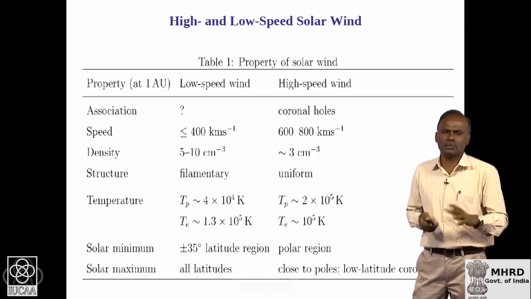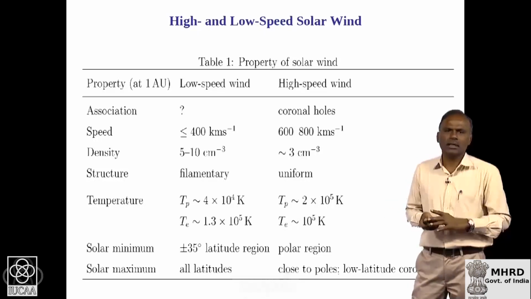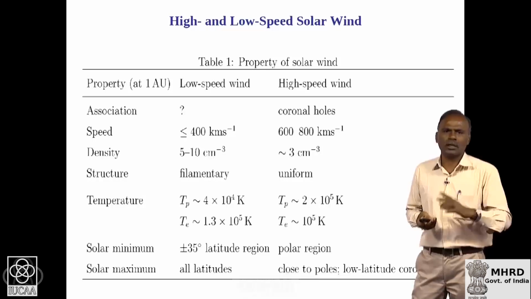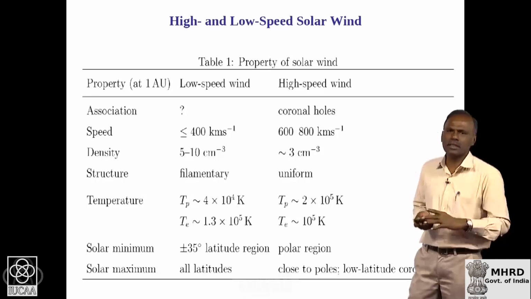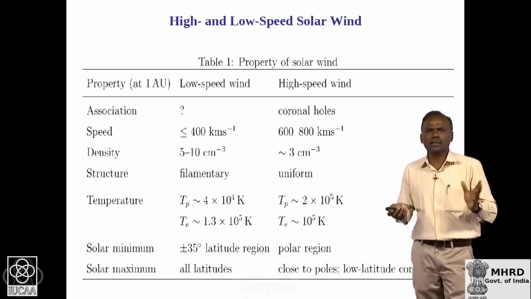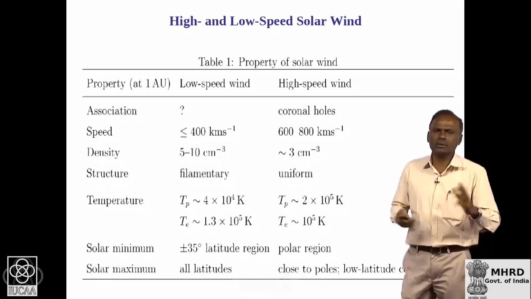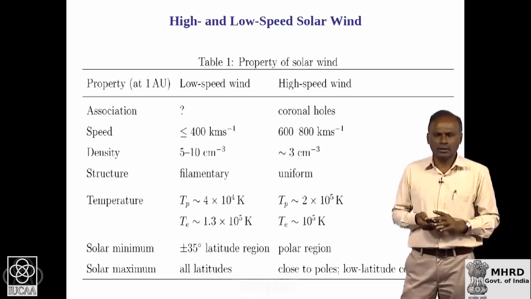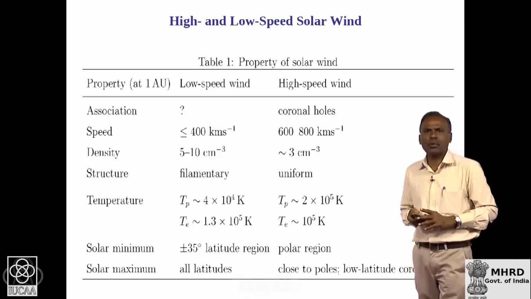One can see the proton temperature can differ by one order of magnitude, speed can differ by 2 times, and the density can differ by 2 to 3 times. Okay.